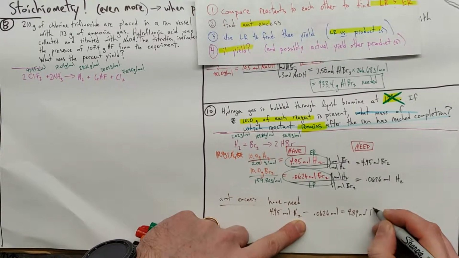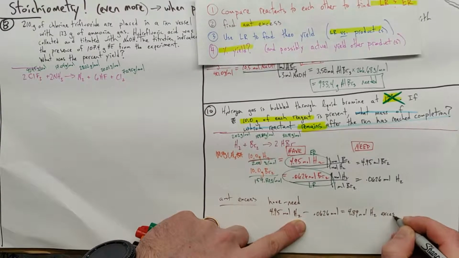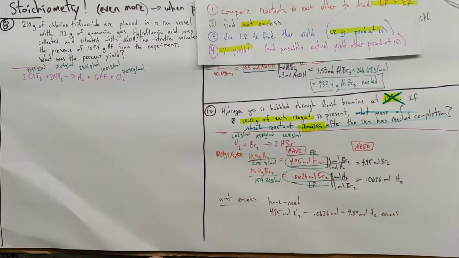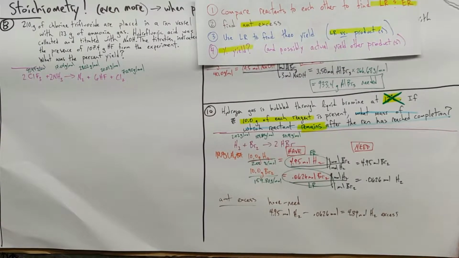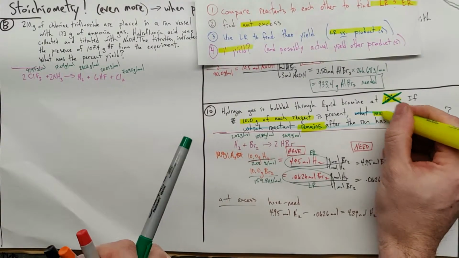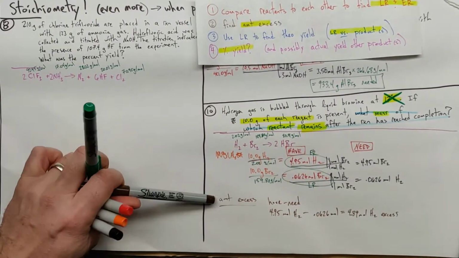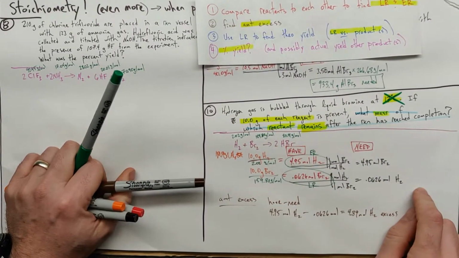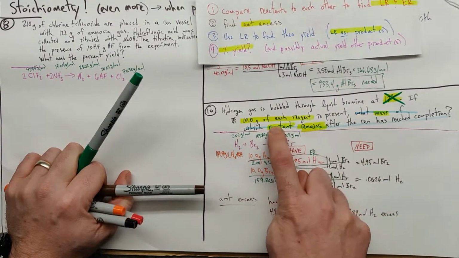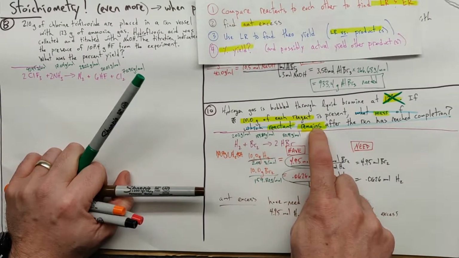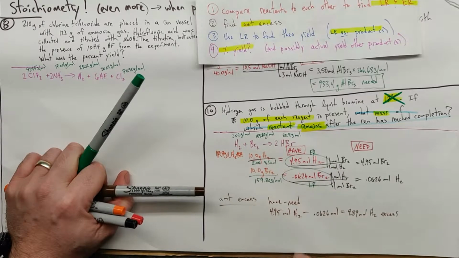moles of hydrogen excess. And just to always add that half a level of difficulty, let's turn that into a mass because it says what mass, right? And this is reactant remains. I guess I didn't mention that earlier. How do we know we're not coming up with a product? Because it says mass of reactant left over. That's how that translates, mass of reactant left over.